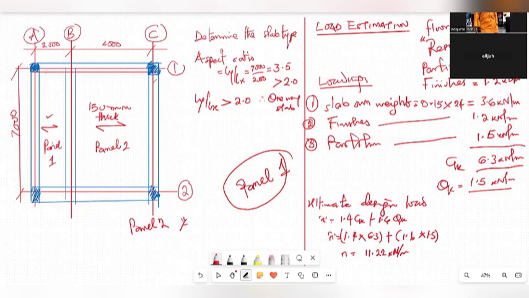Let's see, a hotel room. The second one will be for a boiler room.